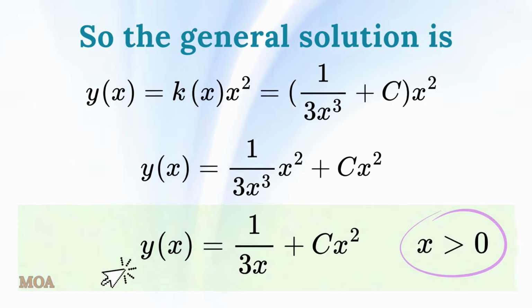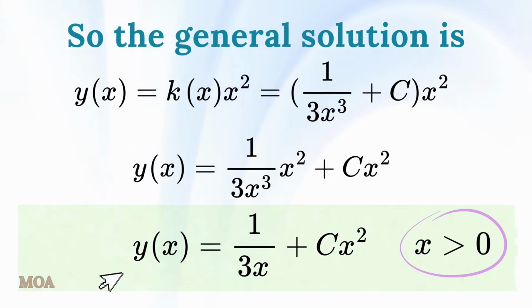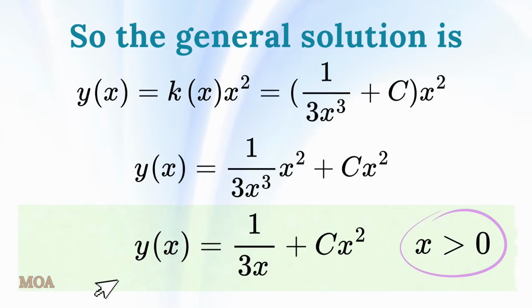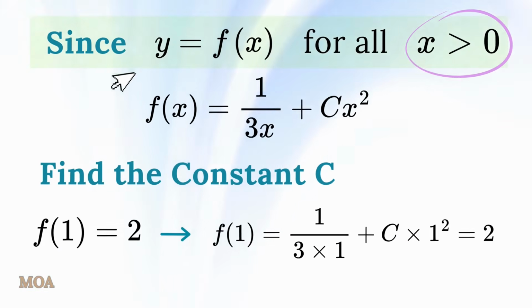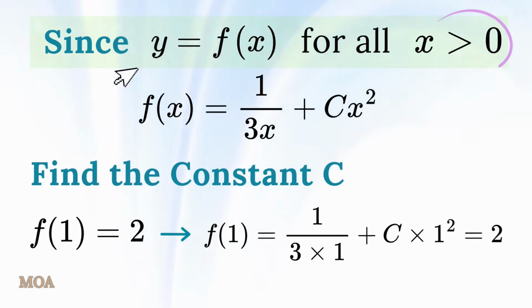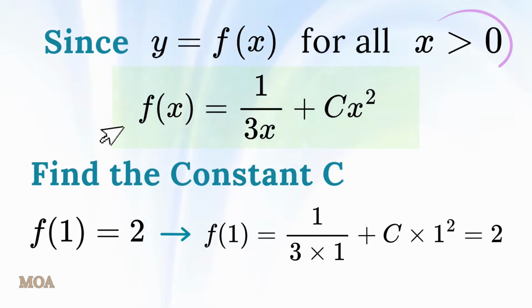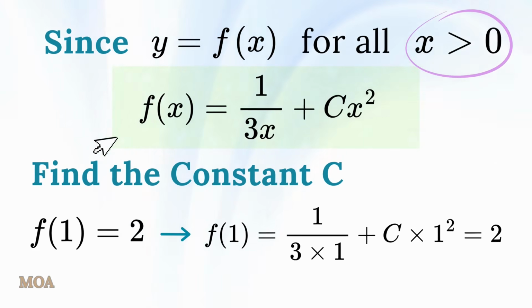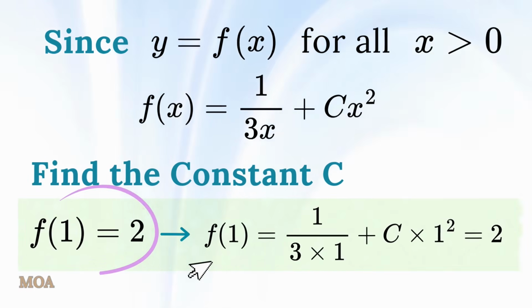Or simply, y of x equals 1 over 3x plus c times x squared, where x is greater than 0. Since y equals f of x for all x greater than 0, f of x equals 1 over 3x plus c times x squared.